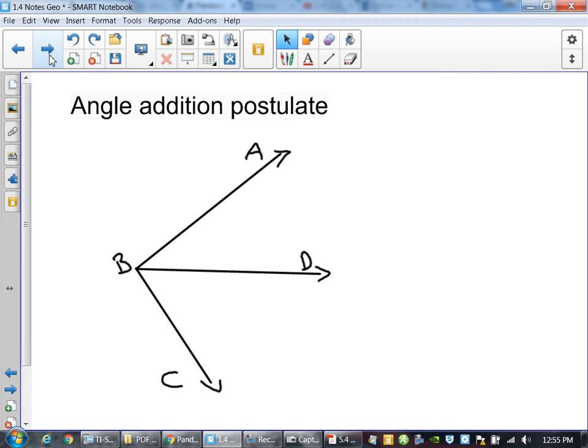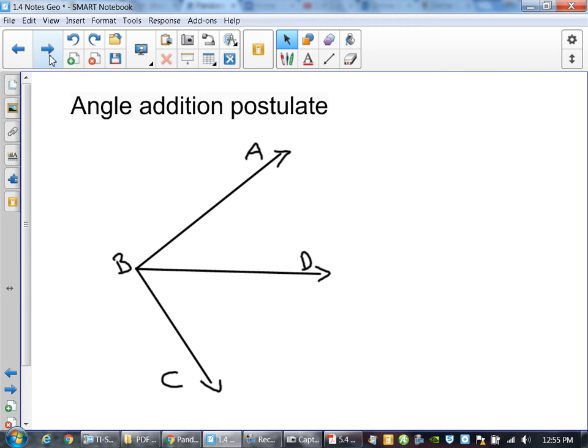Which gets you to good old-fashioned angle addition. What do you think angle addition is going to look like? What did we just get done using? Segment addition.